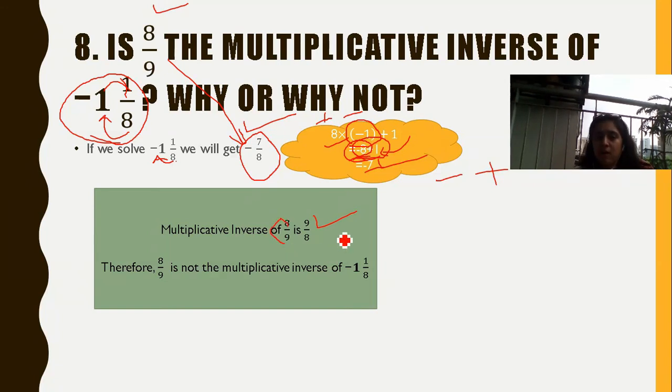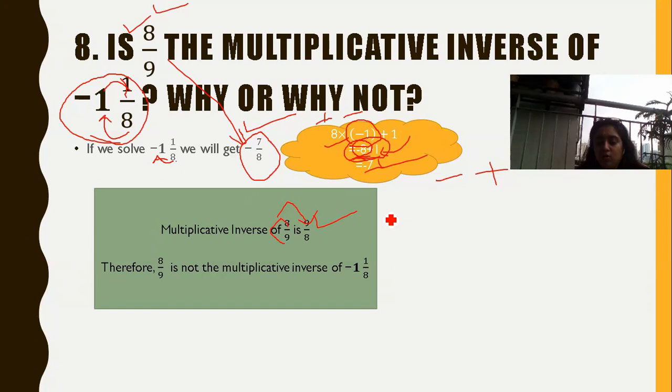But they are asking whether this minus 7 upon 8 is the multiplicative inverse of 8 upon 9. No, never, because I just found that the multiplicative inverse of 8 upon 9 is 9 upon 8, not this minus 7 upon 8. So we will say that 8 upon 9 is not the multiplicative inverse of this number, that is minus 7 upon 8.